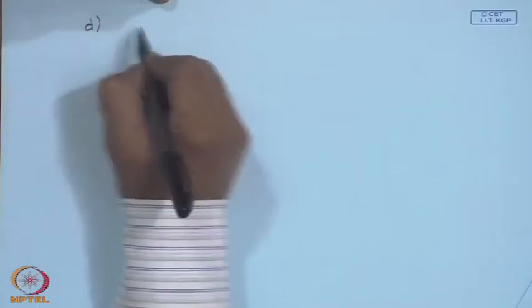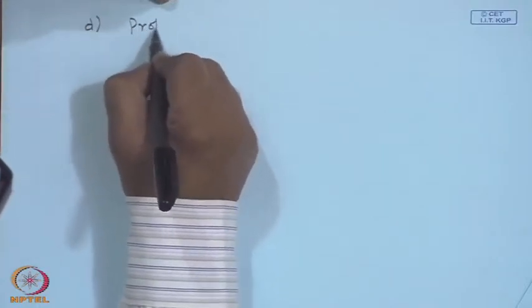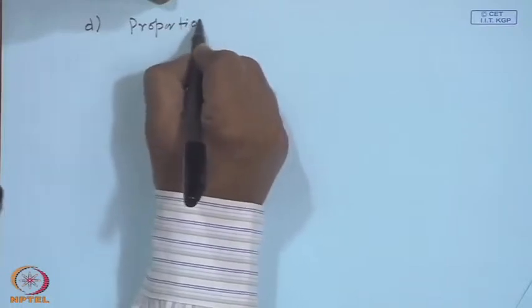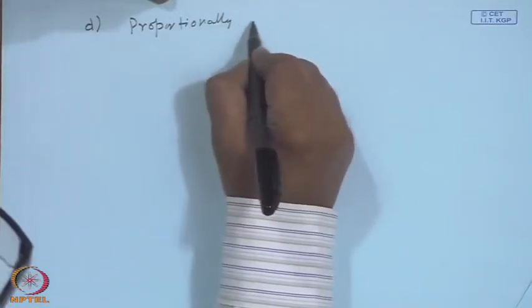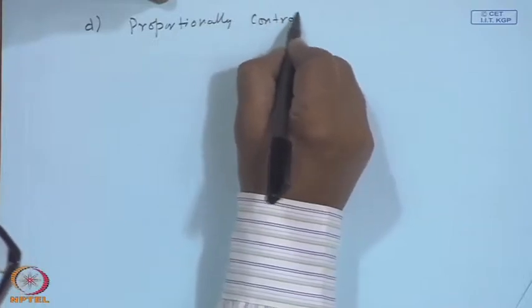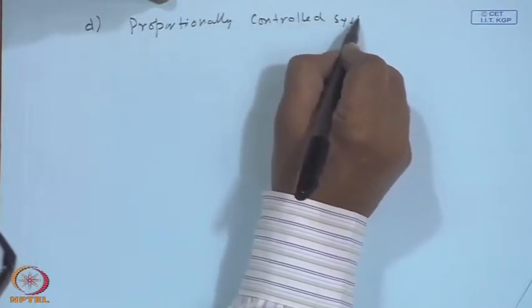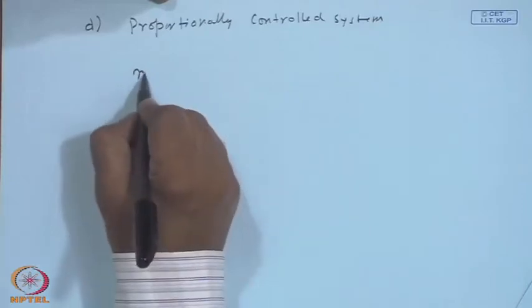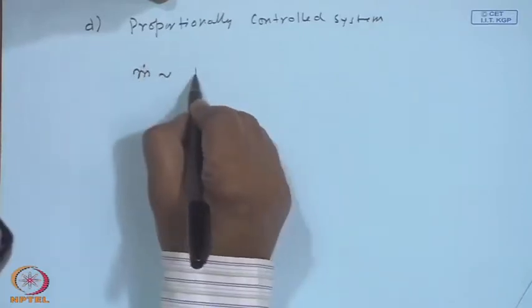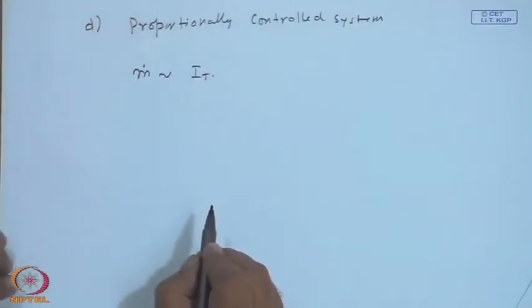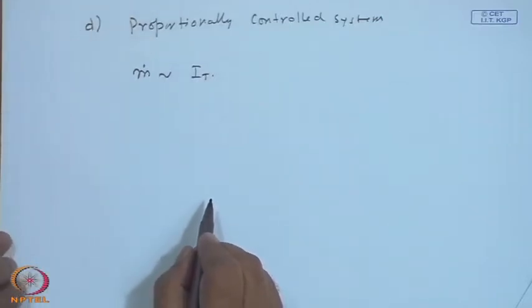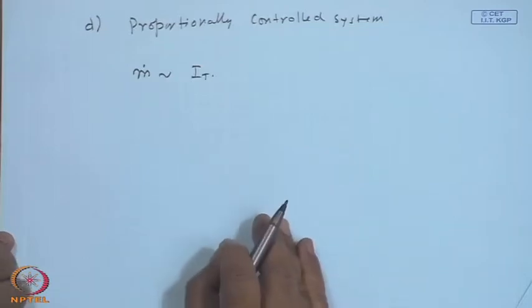Then you have, of course, a better one, a proportionally controlled system. Basically, m dot is proportional to I t. So, you have a motorized valve which will sense if the solar radiation is higher, it will send a higher flow rate to the collector, and if the solar radiation is lower, a lower flow rate is sent to the collector.